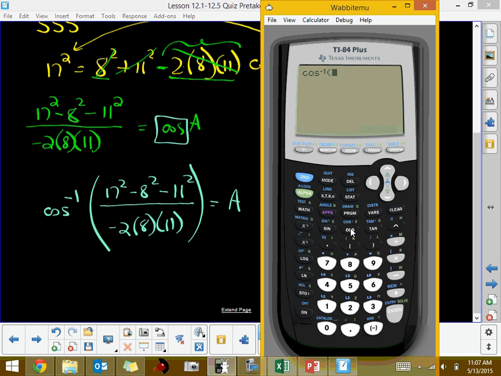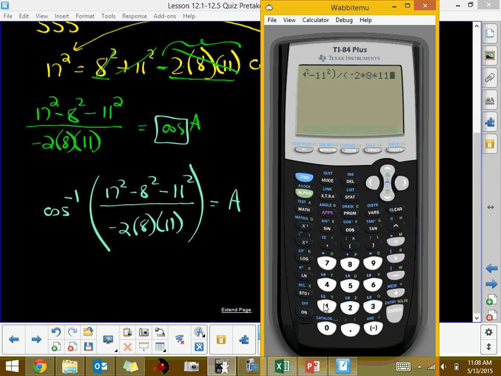So inverse cosine. Notice that I already put a parenthesis in there. I want to get the numerator in parentheses, so I add a parenthesis and go 17 squared. We want to subtract our 8 squared. Then we want to subtract our 11 squared. Now that's the end of the numerator, so close it. We want to divide by, and now we introduce the denominator, so I put a parenthesis to include the negative 2 times 8 times 11.